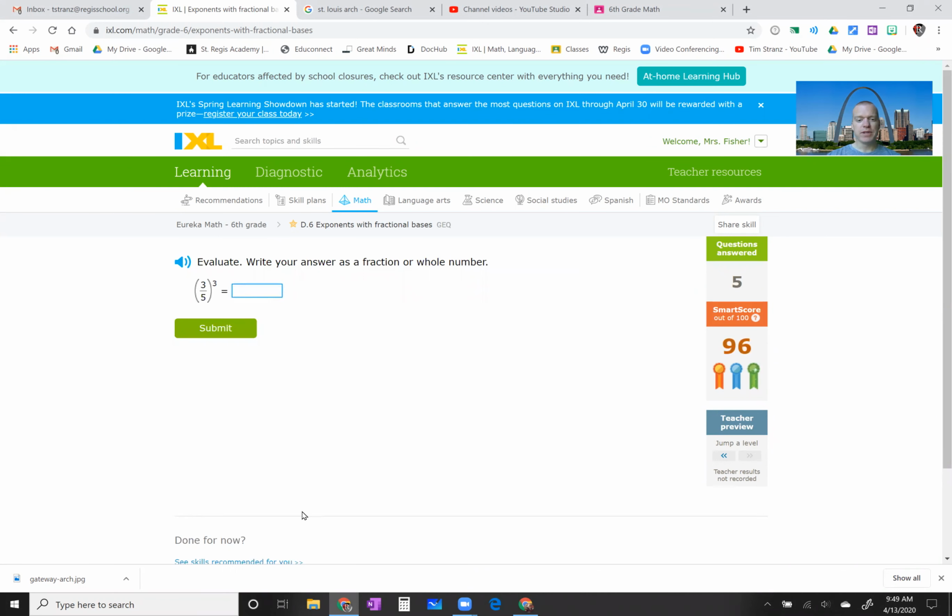Oh, here we go, 3/5 to the third. All right, so we have 3/5 times 3/5. Since the exponent is 3, you gotta do one more 3/5.